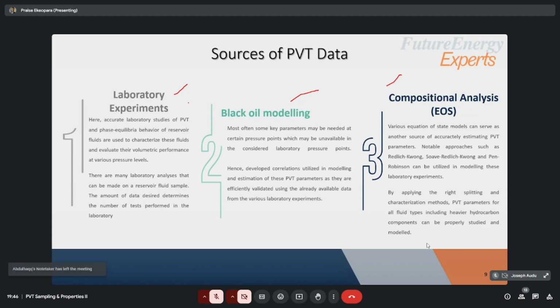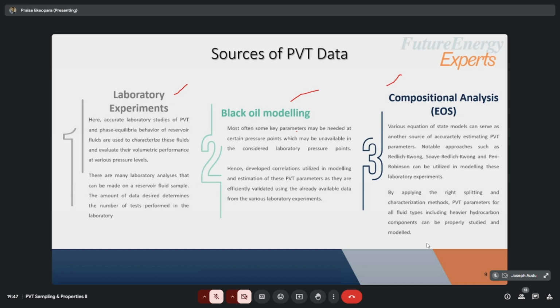It can equally be a case where we have PVT data points from different areas within the same field, but we don't really trust them enough to use them. We can aggregate all of them and do a kind of modeling. So we have what we call black oil modeling. This is simply correlations that have been developed. Some of them are regression based, some are linear, some are non-linear, developed with various crude oil samples and tested and validated.